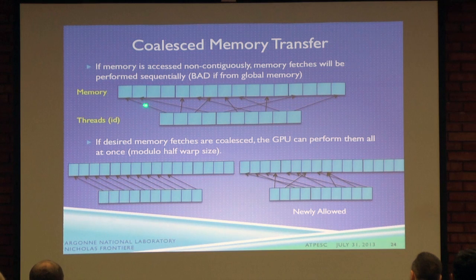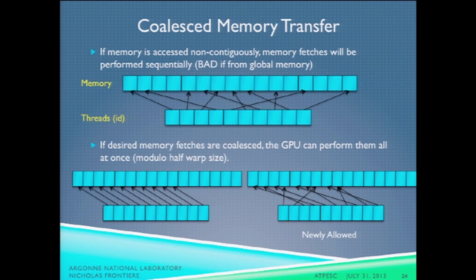So if I do this, for example, if I want to get this guy, and then maybe this guy, and then this guy, and then maybe this guy, and this guy, the actual GPU hardware is going to perform these sequentially. So here's 100 latencies, here's 100 latencies, here's 100 latencies, here's 100 latencies. That's bad. So the best thing you can possibly do is to access your memory sequentially, and that's the big key of this slide.